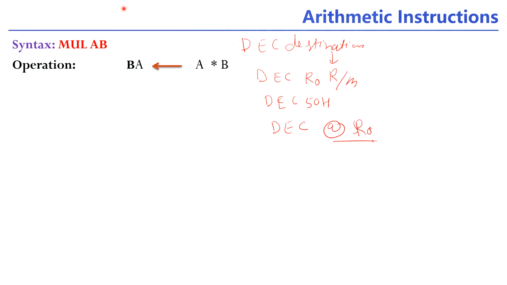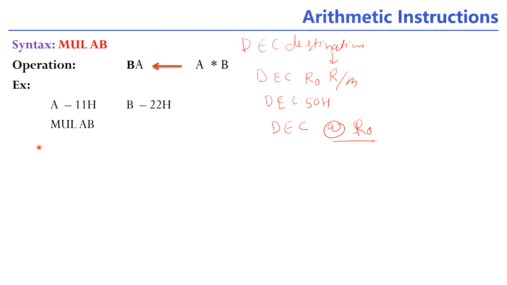Operation of this: you see here, A multiply B. The result will be in AB. The first digit will come here in the accumulator A. If more digits are available in the result, they will come in the B register. Noted?